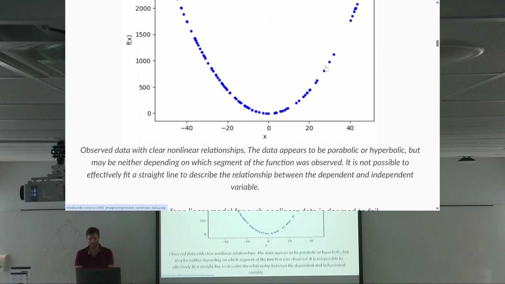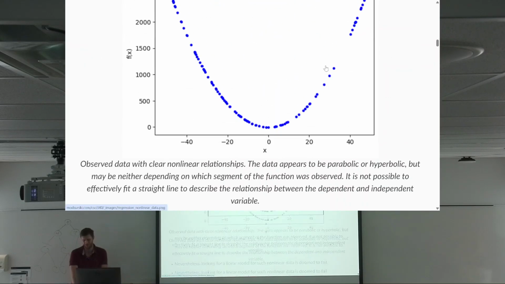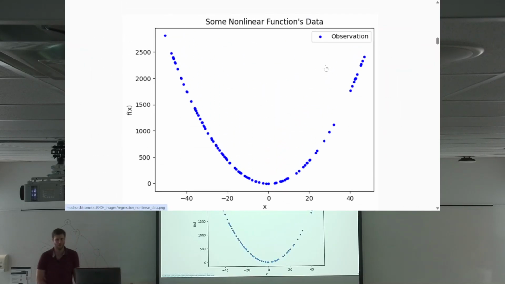So there's a couple of tricks you can do, by the way, with linear regression, where you say, okay, this looks like it's x squared or something, right? It looks like there's an x squared in there.